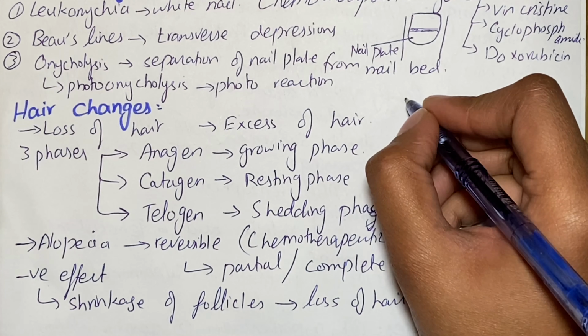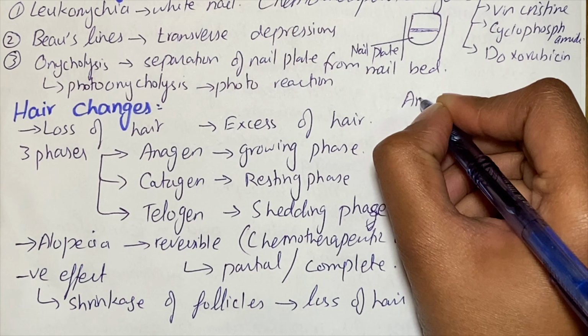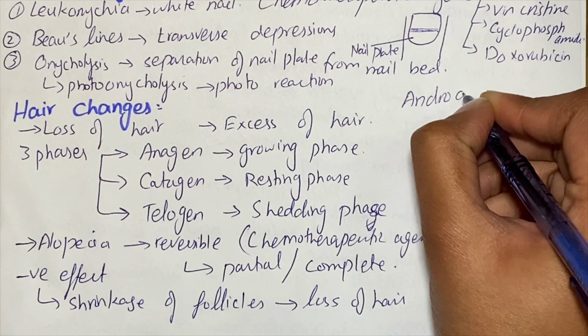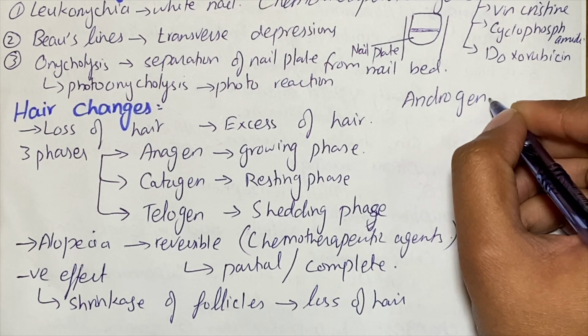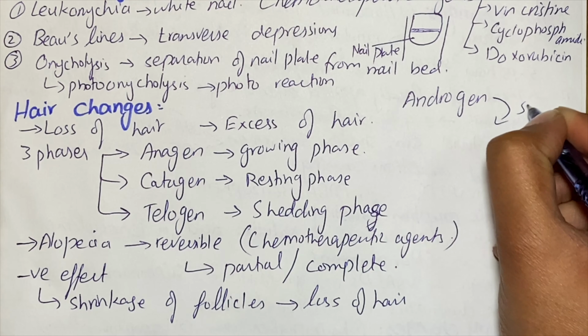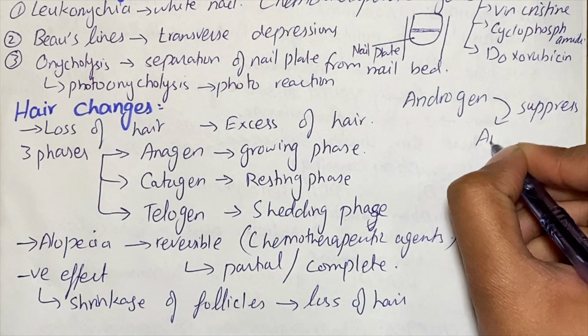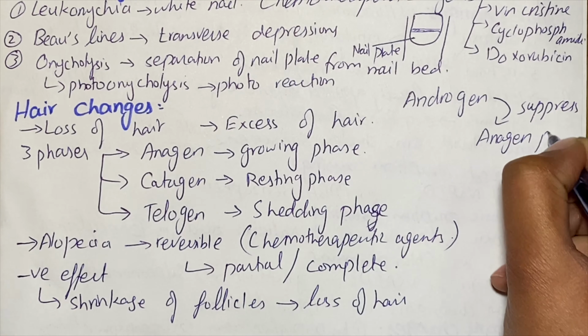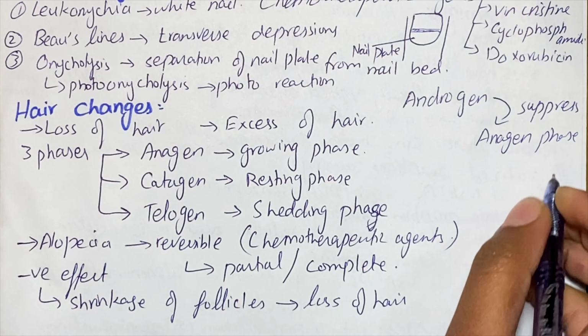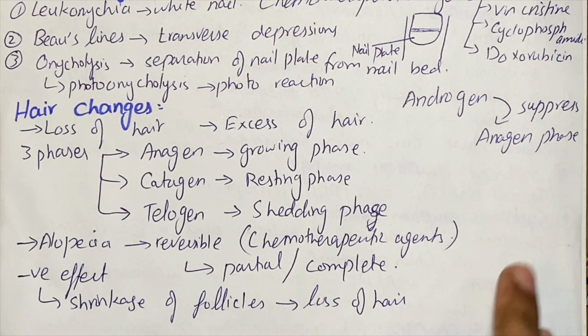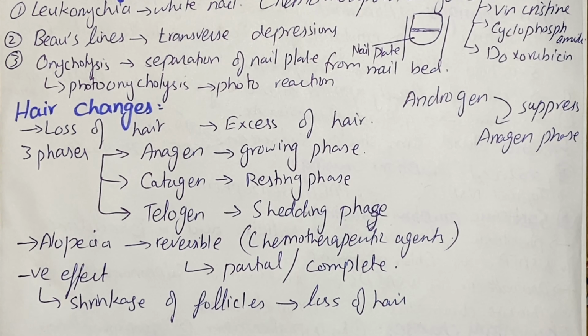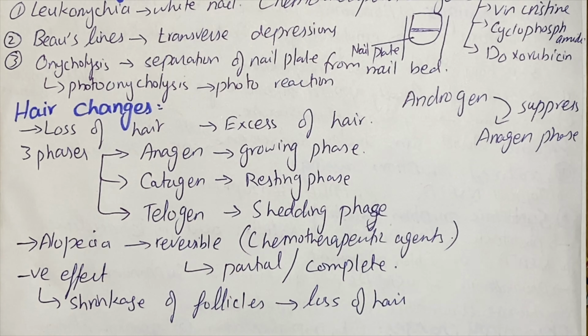Now another example is of androgen. These also suppress this growing phase, that is anagen phase. And in this way, there is again shrinkage of follicles and cause of the hair fall.